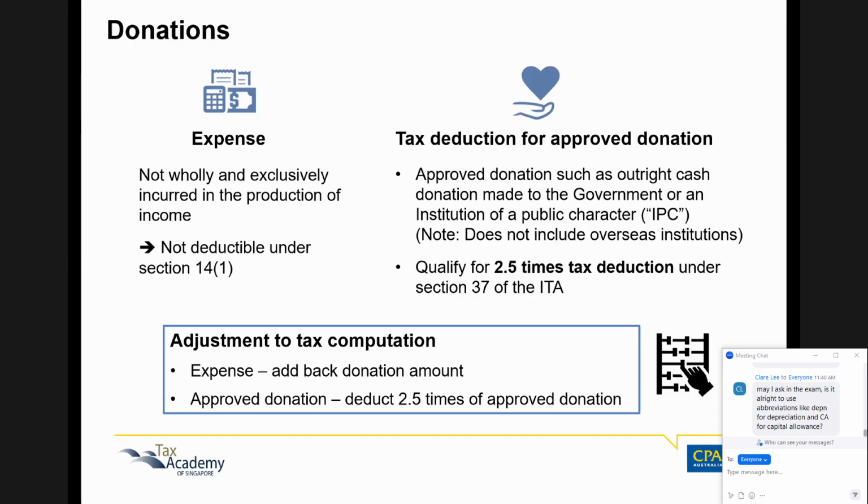Let's say total donations under expenses is 5,000. Then you look at the description and see only 1,000 is an approved donation. So you state $1,000 there, I give you 0.5 mark. Then you times 250%, I give you 0.5 marks. That's how I will work on it. If you don't give me the workings, sometimes I wouldn't know where you've gone wrong. So at least if you have said something, I can still give you some points on your donation.